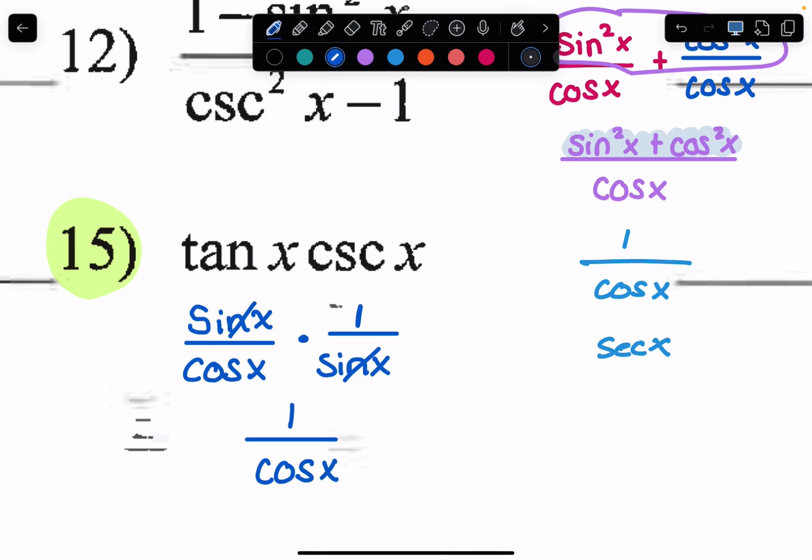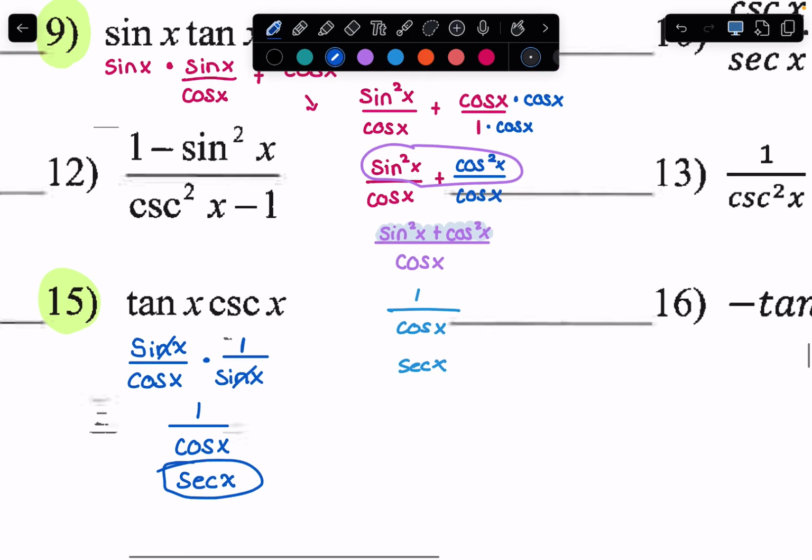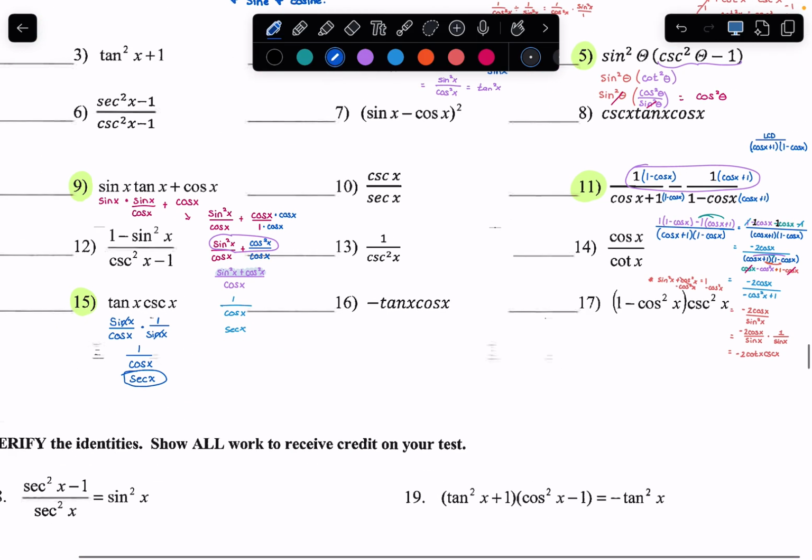Secant. So you also have things like that that'll take you like 4 seconds. Okay? So don't think that just because I'm working the hard ones, there's not going to be any easy ones on there either. Okay?